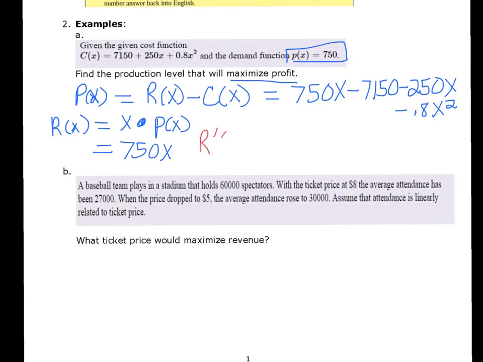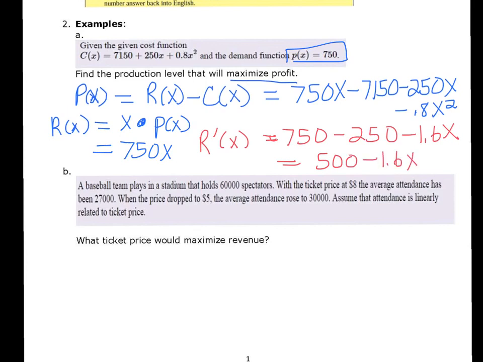P prime of x is equal to 750 minus 250 minus 1.6x. In other words, 500 minus 1.6x.